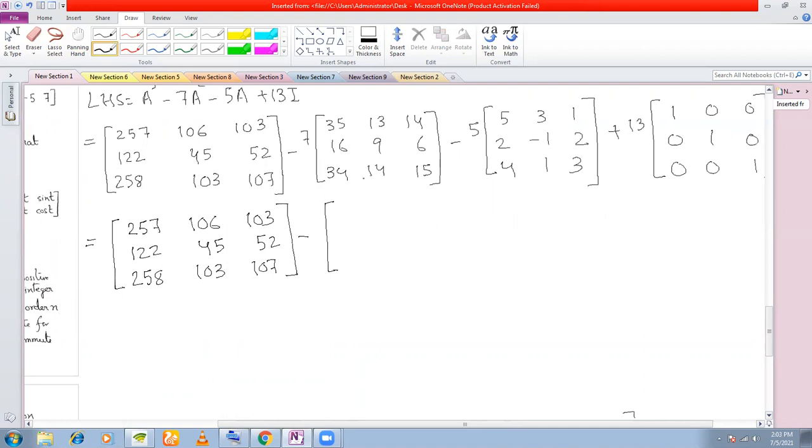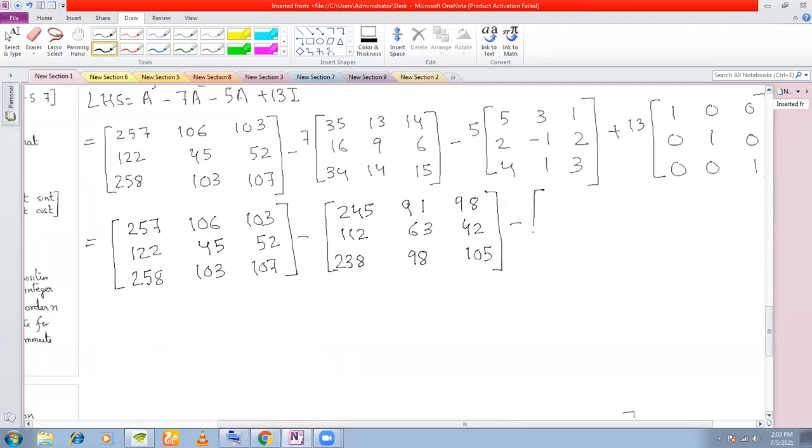So 7 into 35 will give you 245. 7 into 13 is 91. 7 into 14 is 98. 16 into 7 is 112. 7 into 9 is 63. 7 into 6 is 42. 7 into 34 is 238. 7 into 14 is 98. And 7 into 15 is 105.